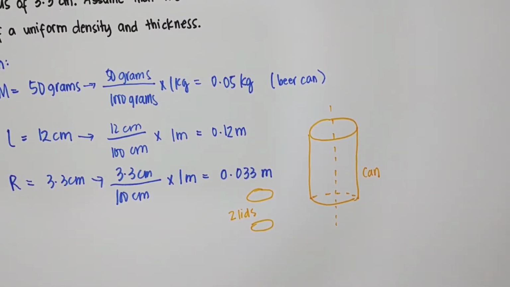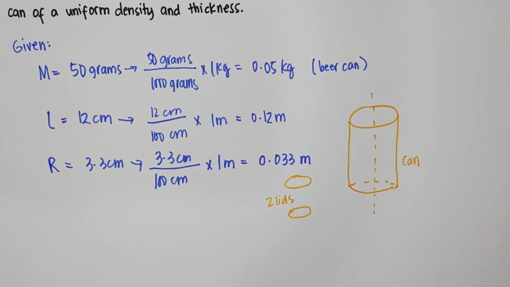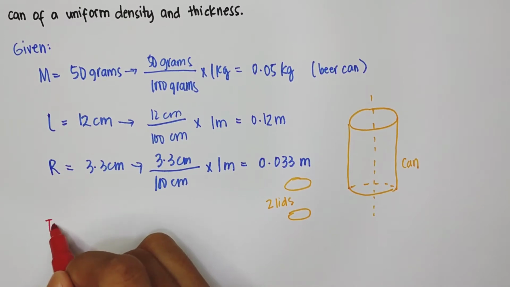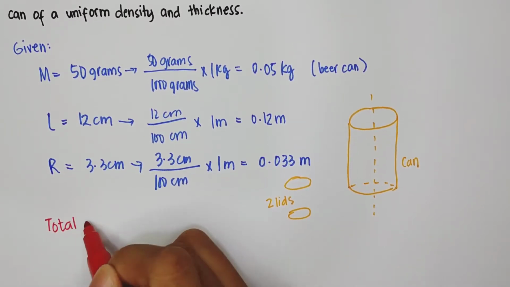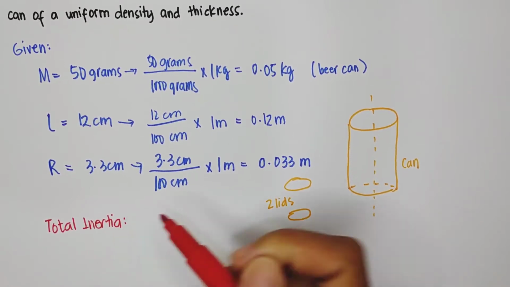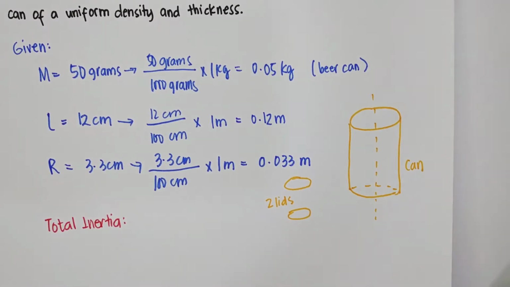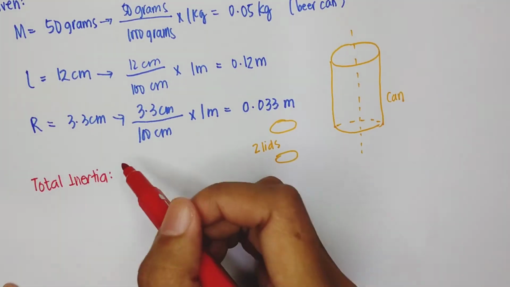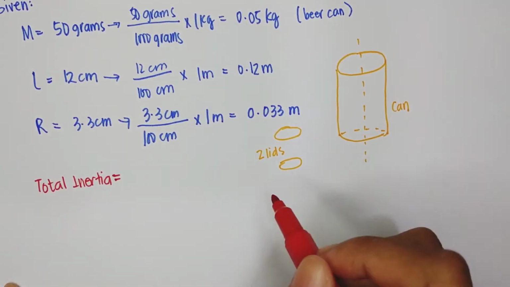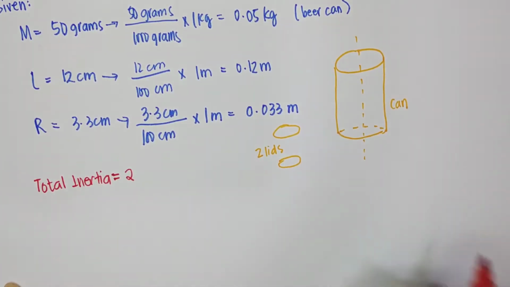The formula will be the total inertia. Since we have two objects, our lid and our hoop, the total inertia will be the sum of these.